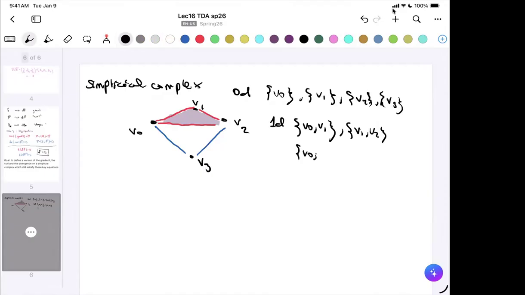So in this case, how many edges do we have? We have 5 edges, and you could label these edges in terms of the endpoints. And then there's only one two-dimensional thing, which is the triangle. So this would be V0, V1, V2. That's a simplicial complex in our case.